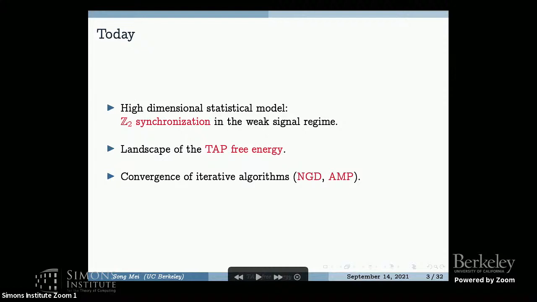We believe the whole story can be moved to other statistical models like generalized linear models or spiked matrix models. But today we are focusing on Z2 synchronization, looking at the landscape of the TAP energy and whether iterative algorithms will converge.